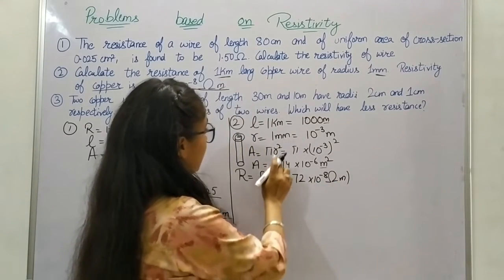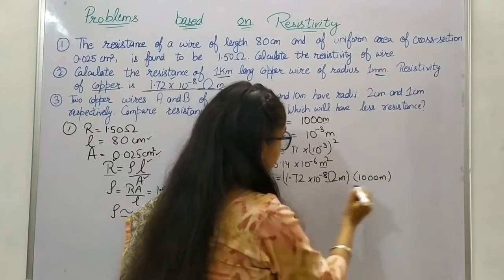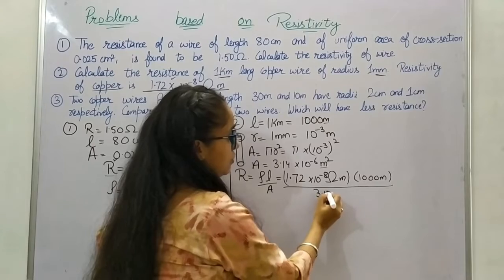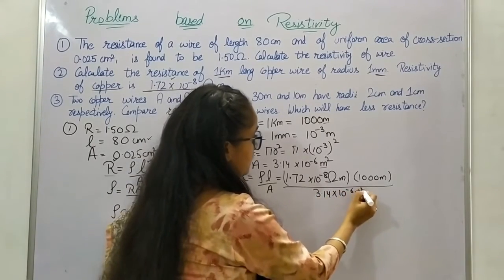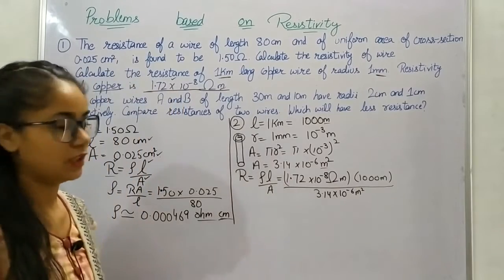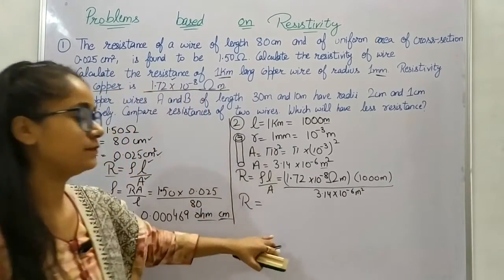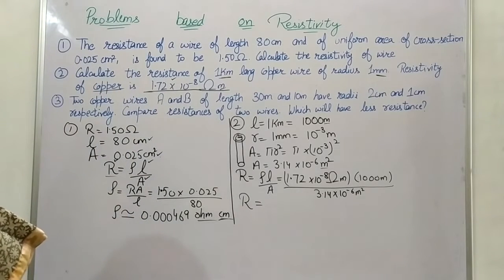Then we have length as 1000 meters over area, which is 3.14 into 10 to the power negative 6 meter squared. When you calculate this whole thing, you will get near about 4.69 ohm.